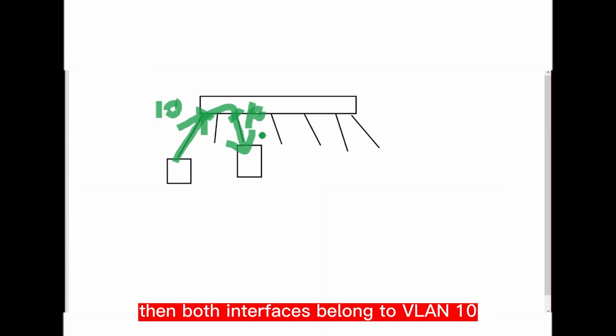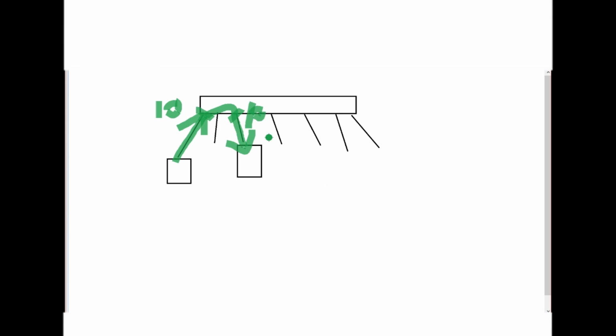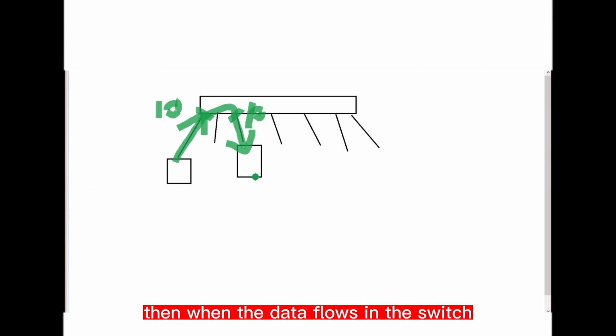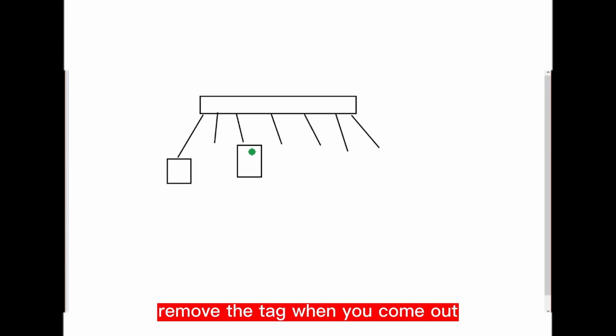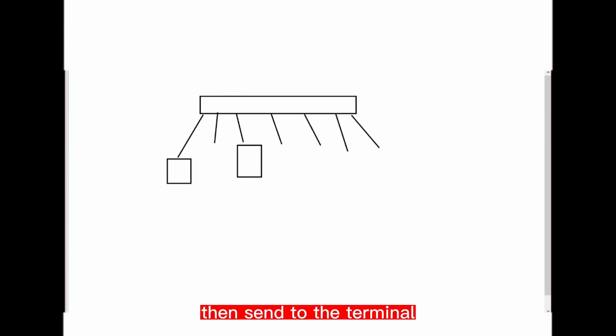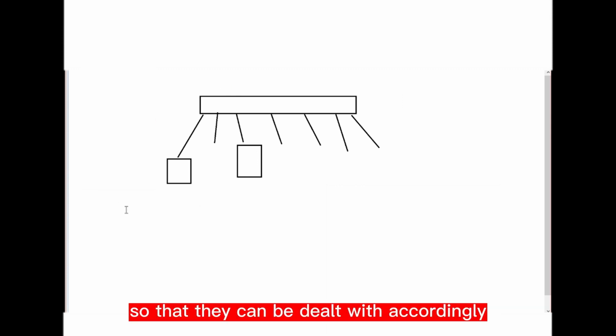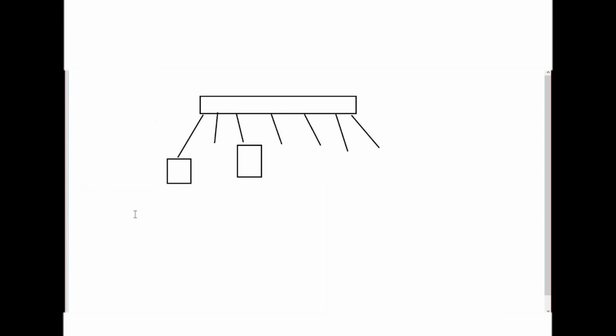Then both interfaces belong to VLAN 10. Tag when you come in. Then when the data flows in the switch, it carries the tag. Remove the tag when you come out, then send to the terminal, so that they can be dealt with accordingly. It is reasonable to be able to do this technology. Otherwise, the technique is useless.